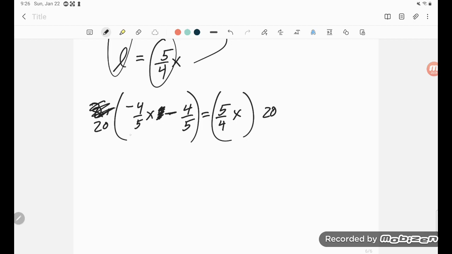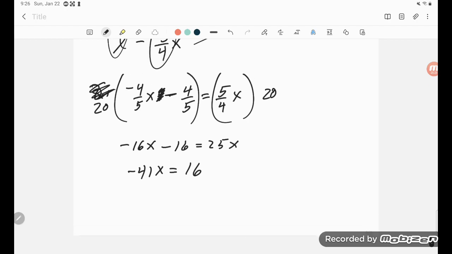So if I do that, I'll get minus 16x minus 16 is equal to 25x here. So subtract 25x from both sides, I get minus 41x, and add 16 to both sides is equal to 16.